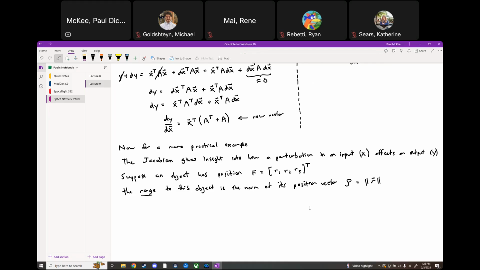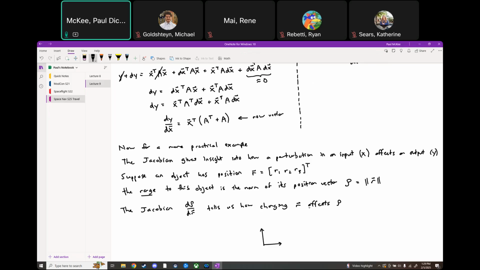All right. The Jacobian, and this would be the derivative of rho with respect to R, tells us how changing R affects rho. So you might say, if we'll just do a 2D case, for example, here.